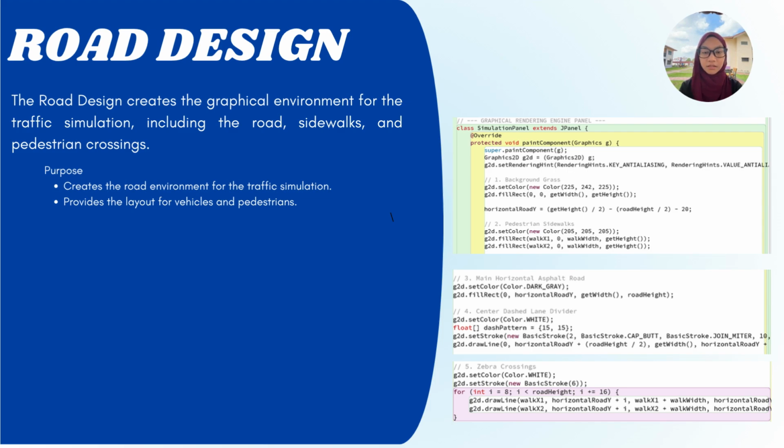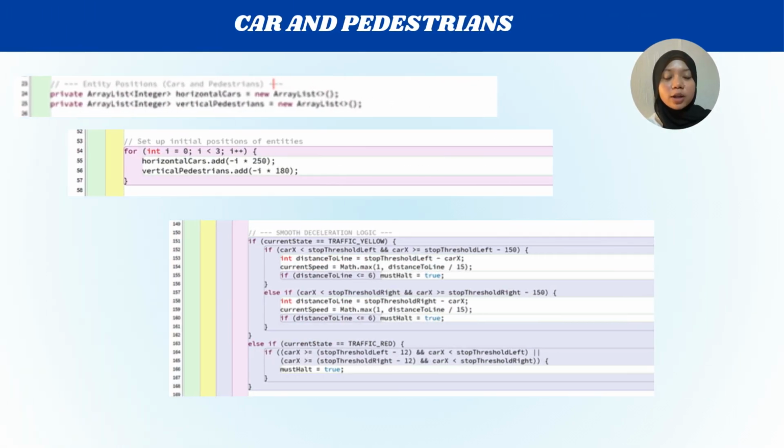Finally, the result of this module is a complete and realistic road layout. It provides the foundation for the traffic simulation by creating an organized environment where vehicles, pedestrians, and traffic lights can interact correctly. Then I will explain the cars and pedestrian parts.